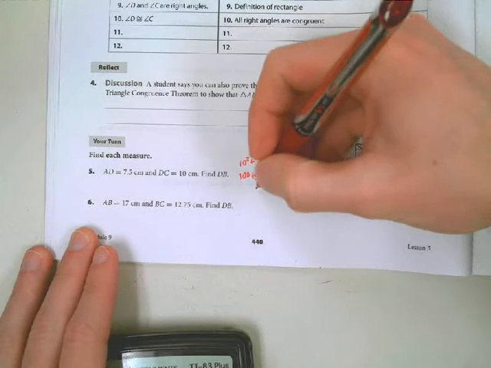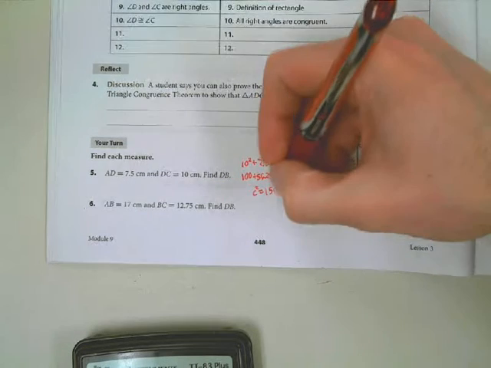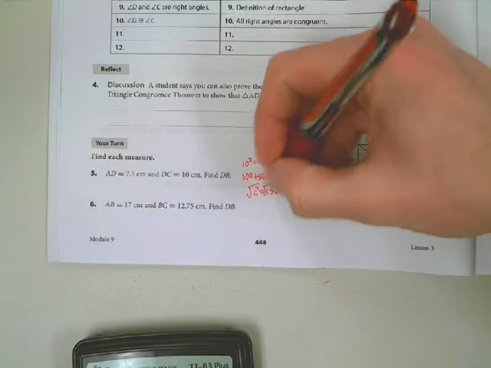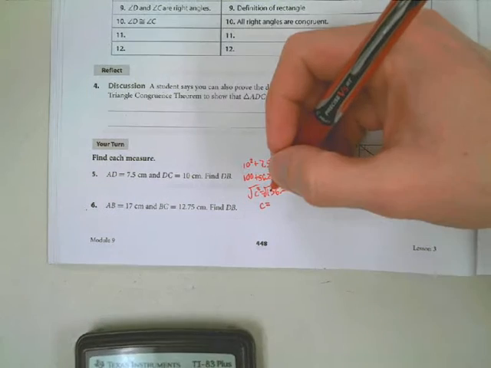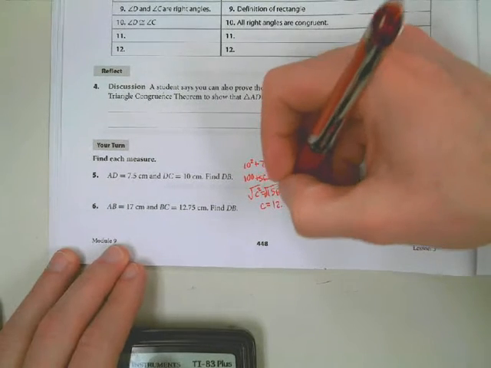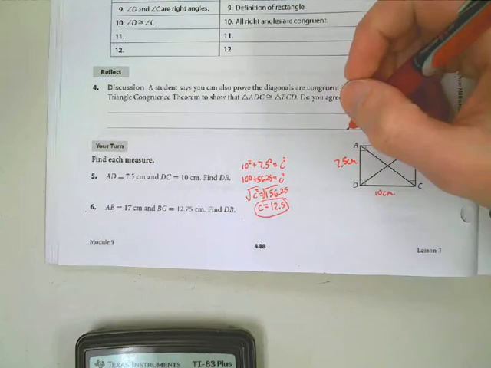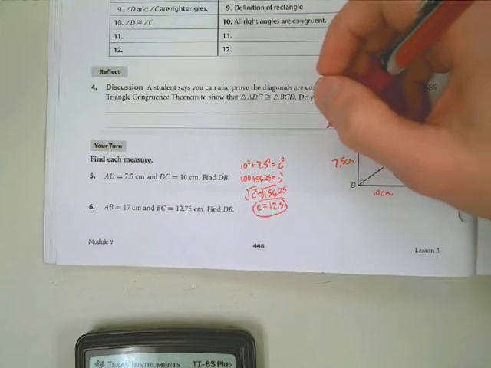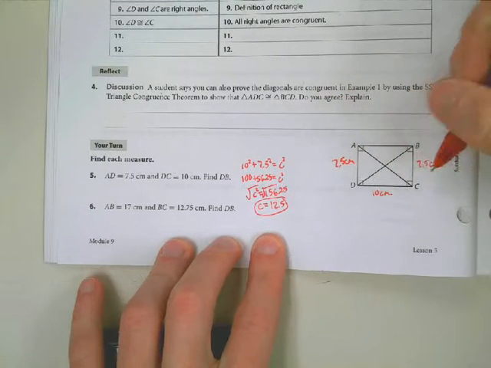So then we get c squared equals 156.25. We can square root both sides, and we get c is 12.5. Actually, that worked out very nice. How about that? So our diagonal there, DB, is going to be 12.5.